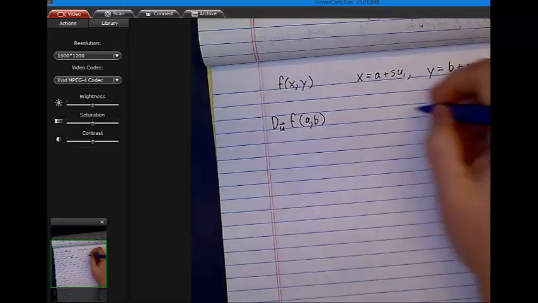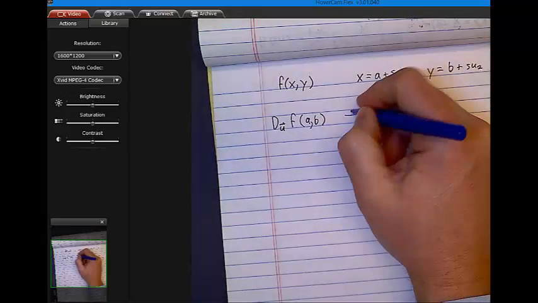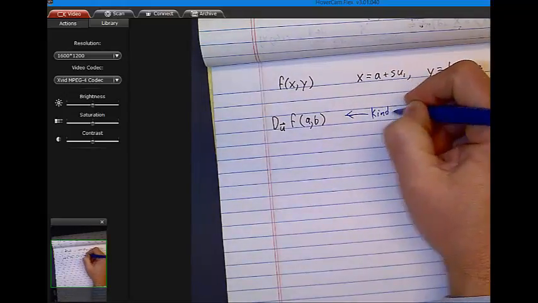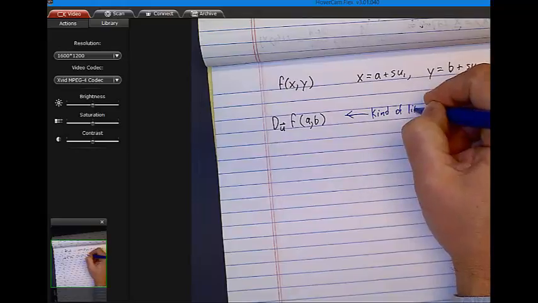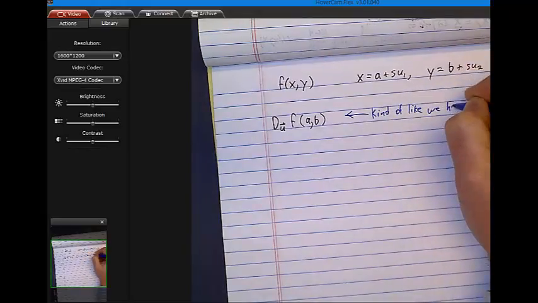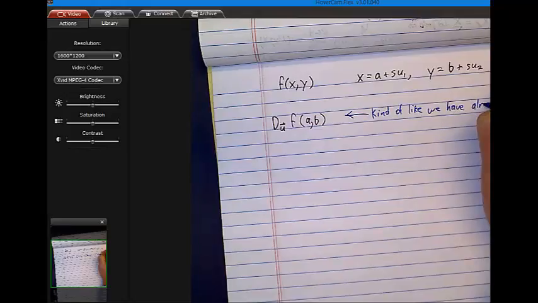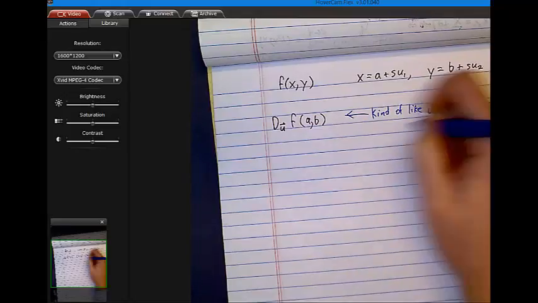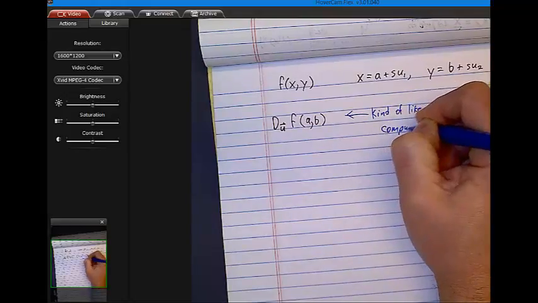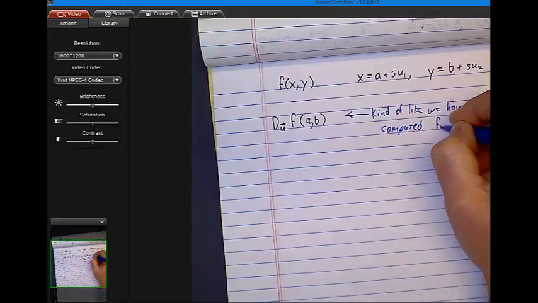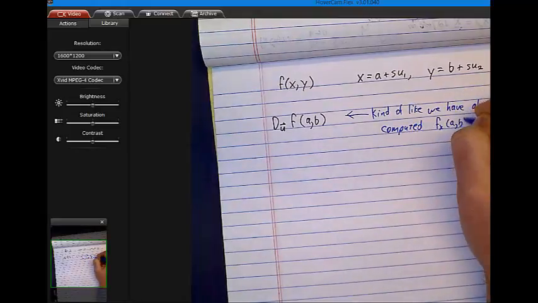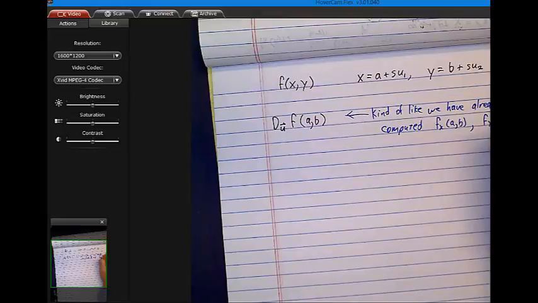We have already computed, on the homework, you guys did this kind of thing, f_x(a,b) or f_y(a,b).